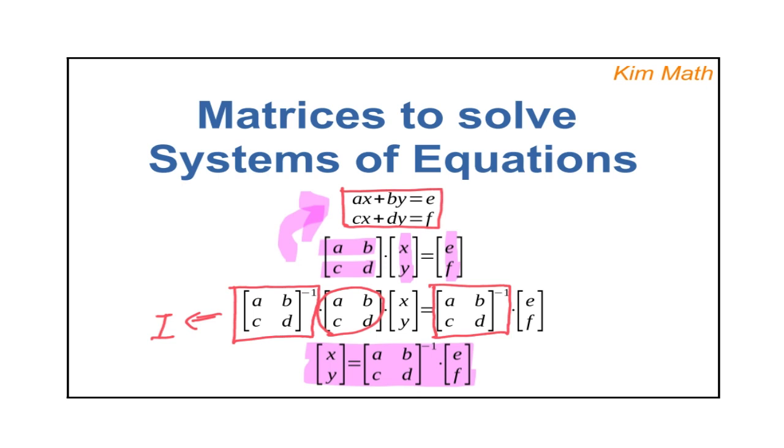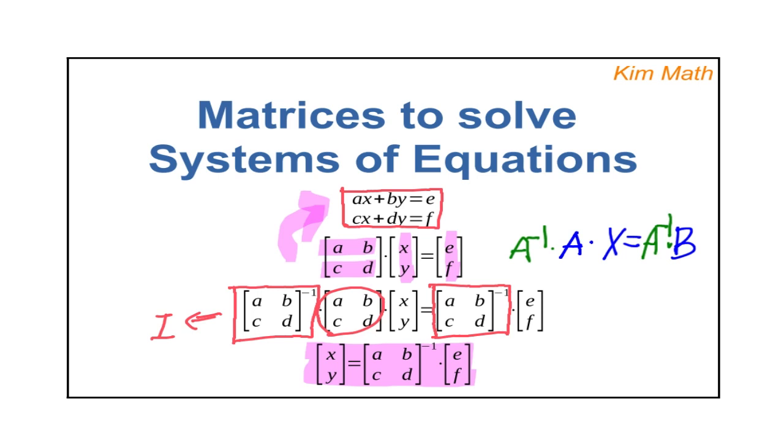Let me rewrite this one more time. If you have a matrix A times matrix X equals matrix B, then you can multiply the inverse matrix of A on both sides. Is that okay?